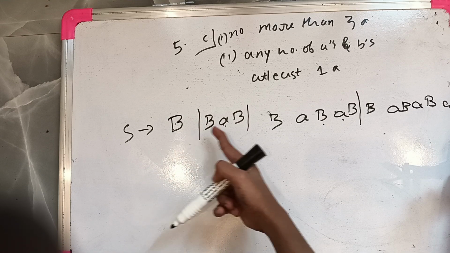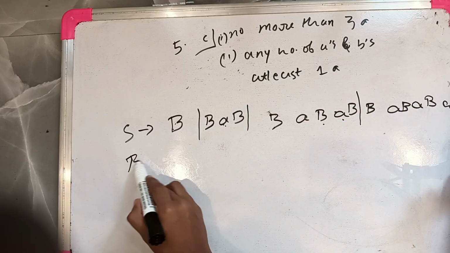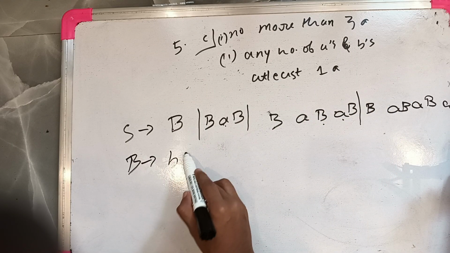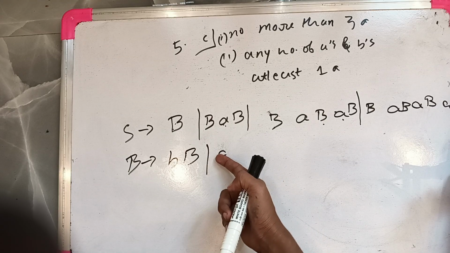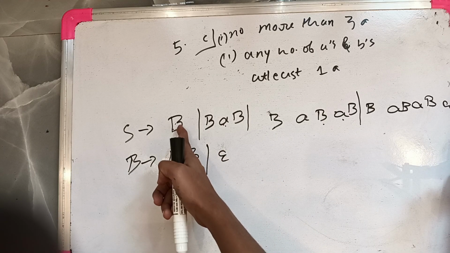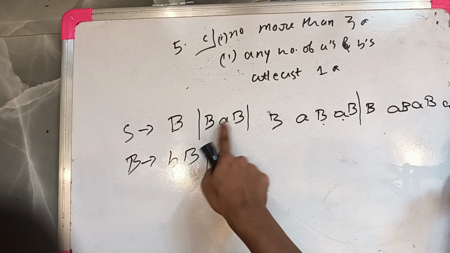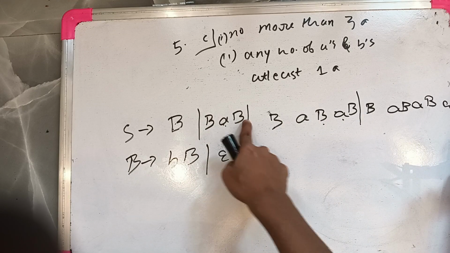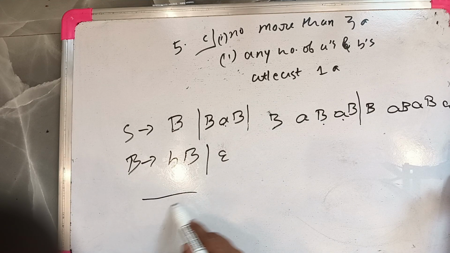So 0a, 1a, 2a, 3a, and no more than that. What b implies is any number of b's, starting with epsilon, 0b or any number of b's. After that 1a, 2a, 3a, and in the middle, end or start, any number of b's. This is the CFG for that.